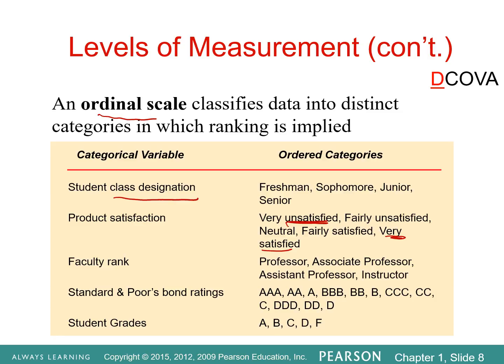Which unsatisfied would be the bottom, and very satisfied being the very, very top. Faculty rank, right? Where do you fall in the list where professor has the most seniority? Associate professor means you've probably just been newly hired on.